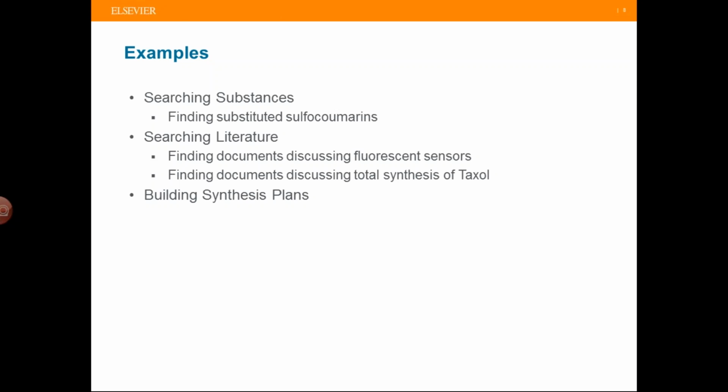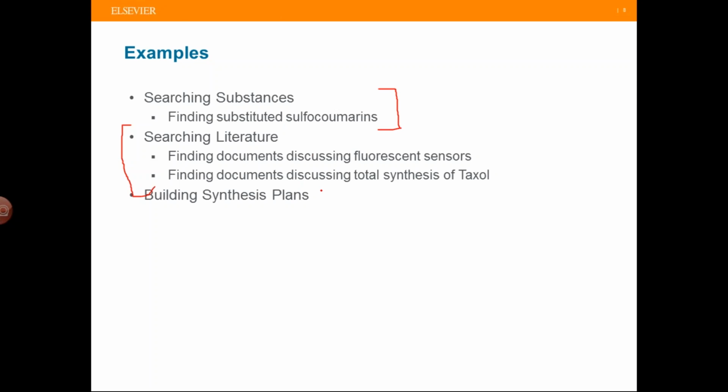So some quick examples. We're going to do this in the actual application itself. Again, we're going to start with searching the literature, finding documents discussing fluorescence sensors, finding documents discussing the total synthesis of Taxol. And if we have time, we'll show you some drawing techniques that help you find substituted sulfocoumarins here.